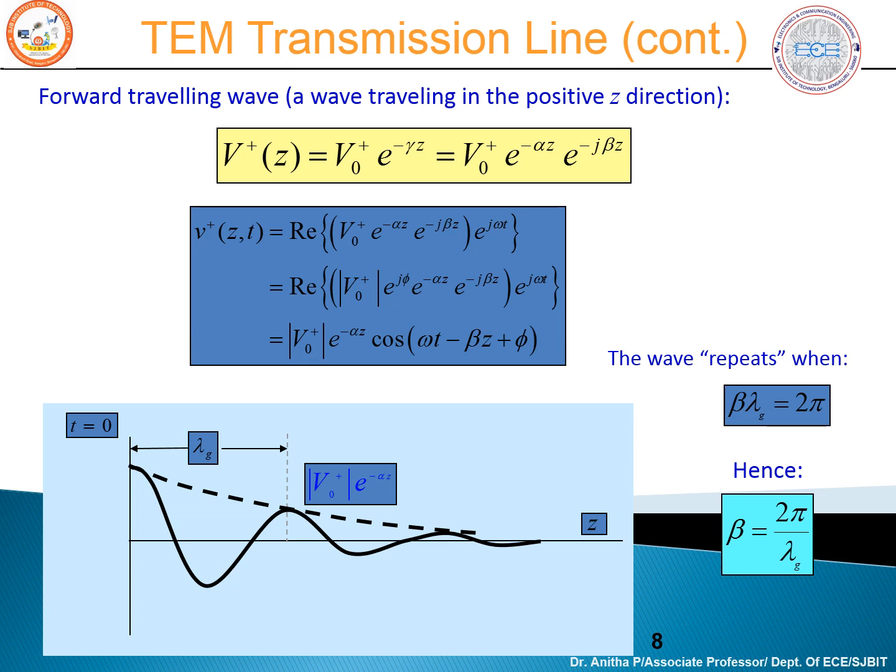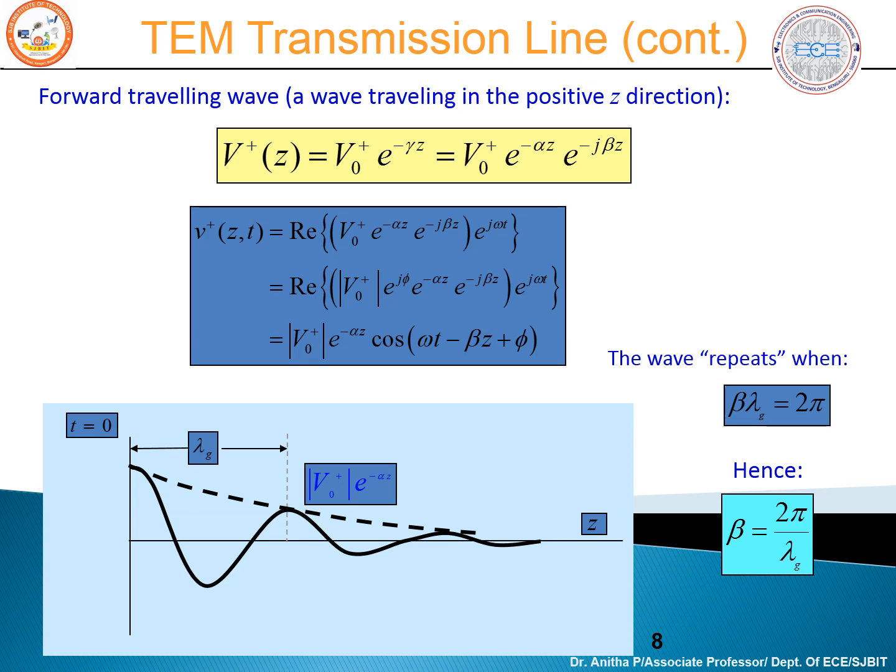You will have phase variation with respect to time and with respect to space, and the initial phase. So omega t represents phase variation with respect to time, beta z represents phase variation with respect to space, and phi represents the initial phase.